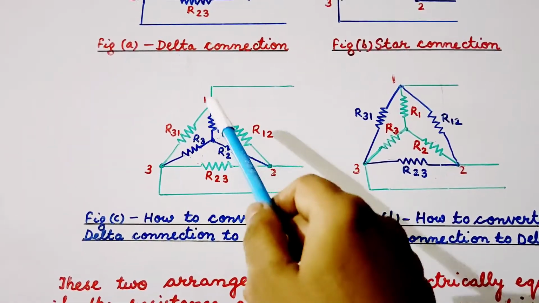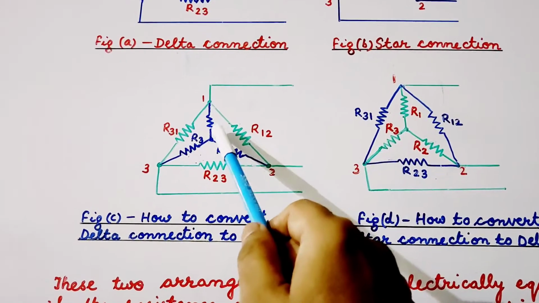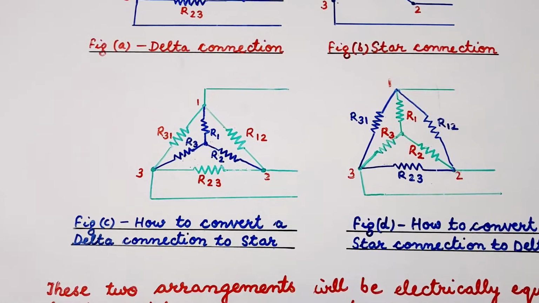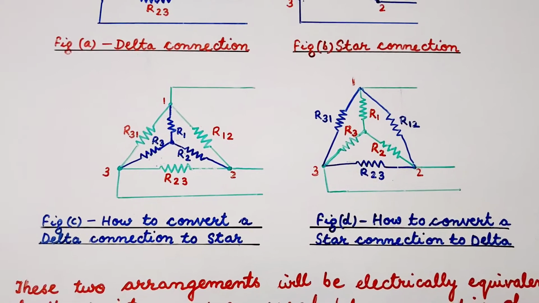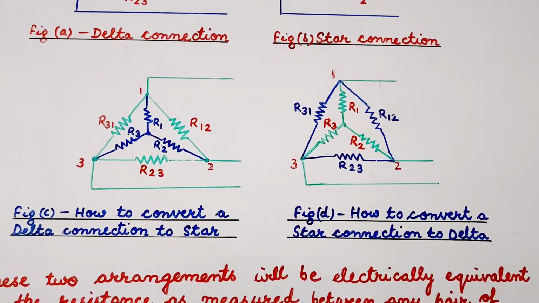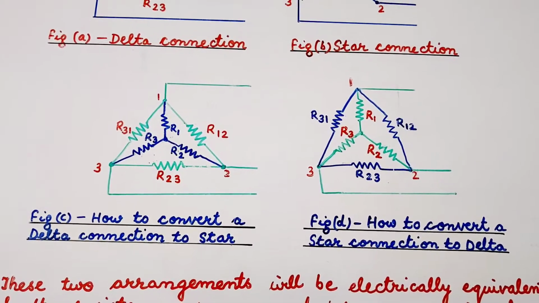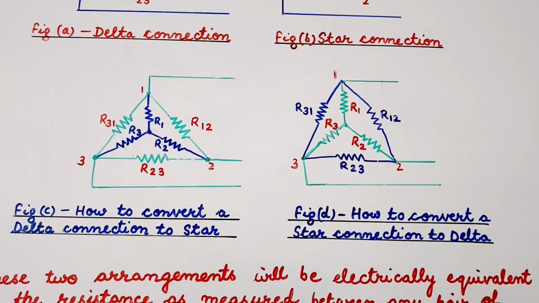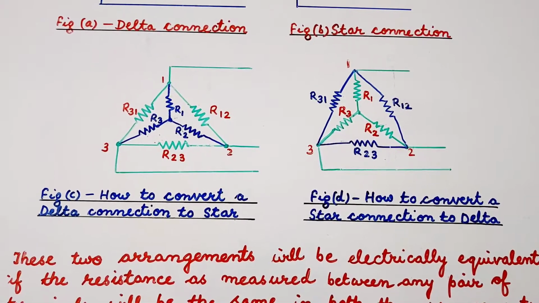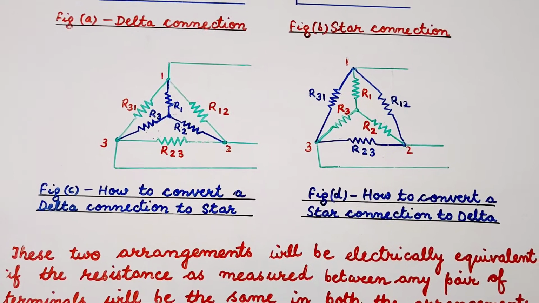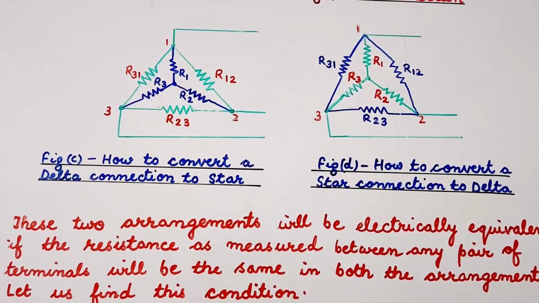Now after drawing this circuit, we have to find the values of the new resistances R1, R2 and R3 in star. We have already found the formulas for R1, R2 and R3 in the previous lecture on delta to star transformation. So by substituting the values of R12, R23 and R31 in the formulas for R1, R2 and R3, we can easily find the values of the new resistances R1, R2 and R3 in star.